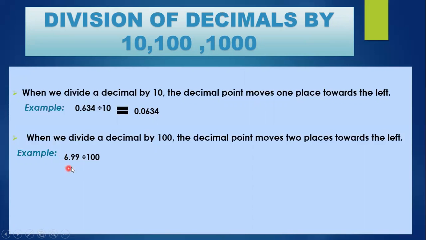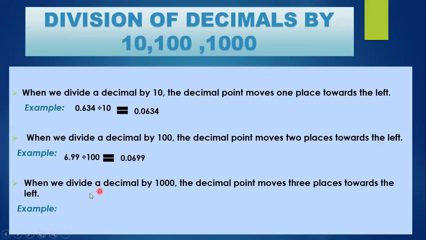So you will get the answer 0.0699, because we have to move 2 places towards the left. Here 1 place, so we will take a 0 here. So you will get the answer 0.0699.